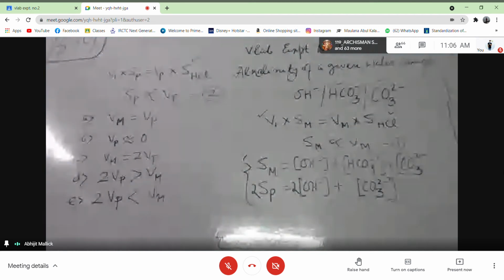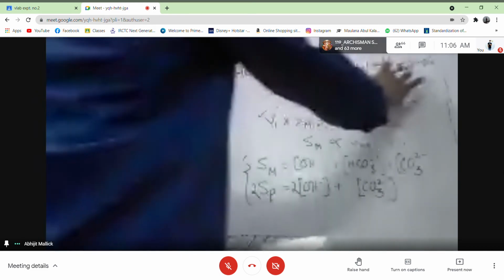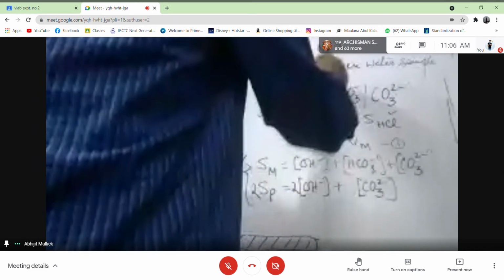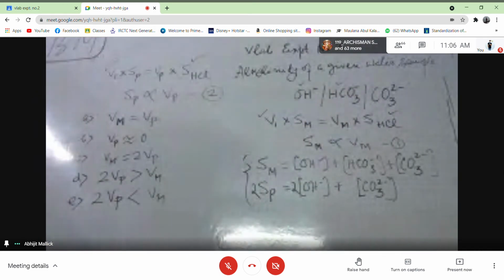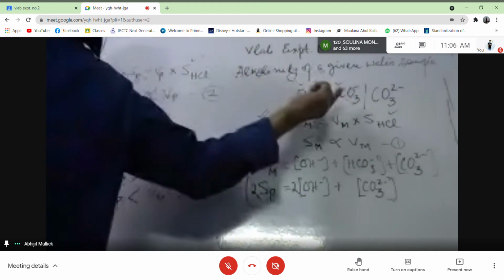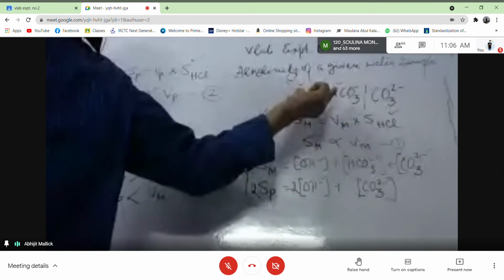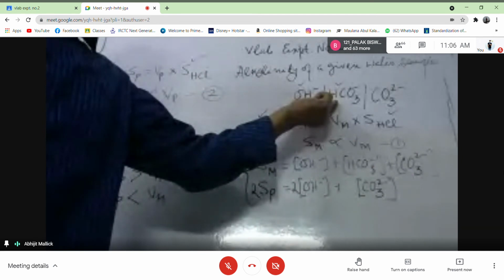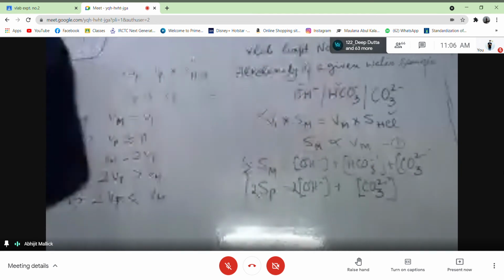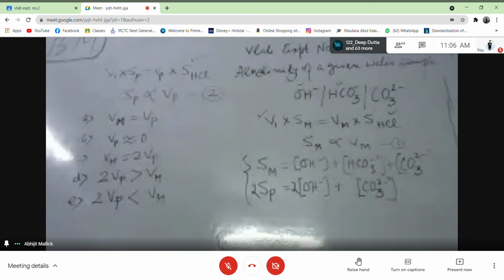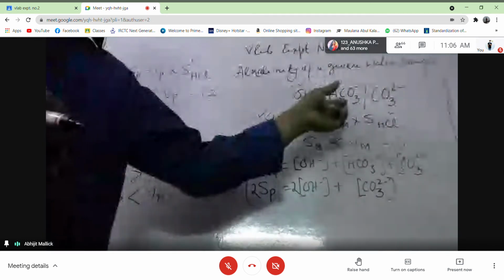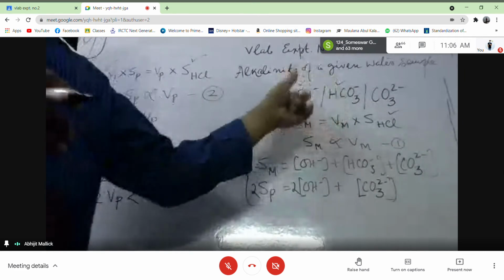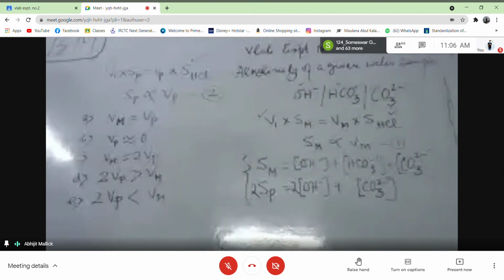Then another possibility is a mixture of these two. Write down here: when the aqueous solution contains both OH minus and HCO3 minus, if both are present, the following reaction occurs.